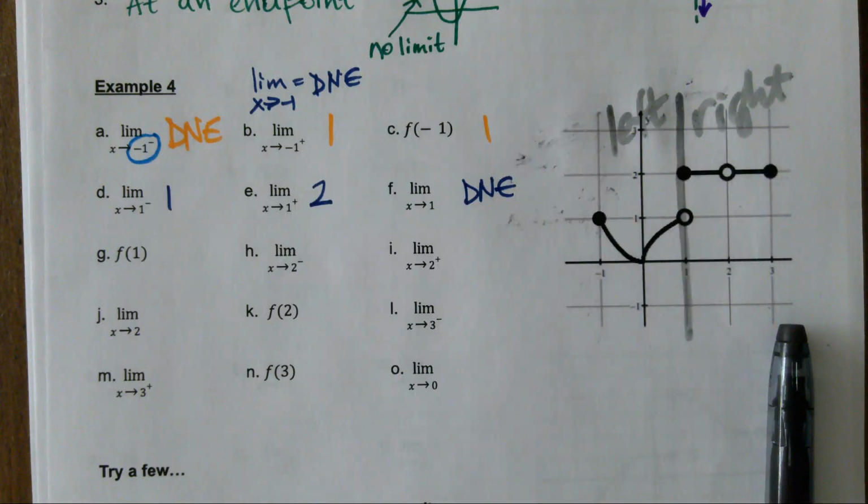I thought they had to meet, if they have a limit, they have to meet. Yeah, but this is from the left, and this is from the right side's limit. And if these two values are not the same, then this does not exist.